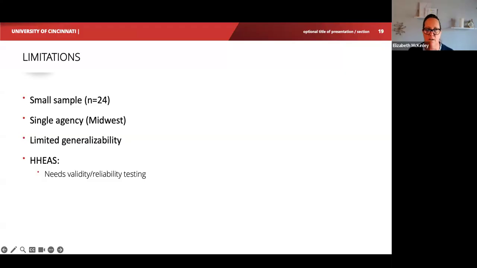Our limitations: it was a small sample size. It was a single home healthcare agency in the Midwest, and it has limited generalizability. This tool does need validity and reliability testing, and what we think that would look like would be a home healthcare worker completing the home healthcare environmental assessment survey, and the observer completing the home healthcare worker observation tool.